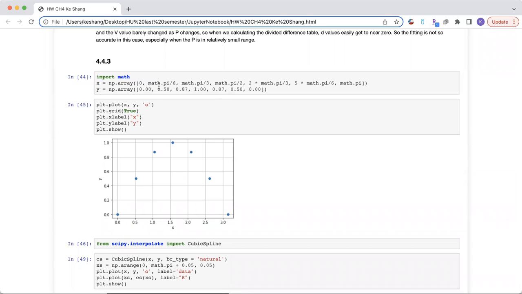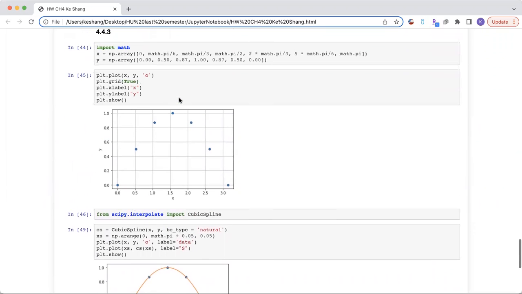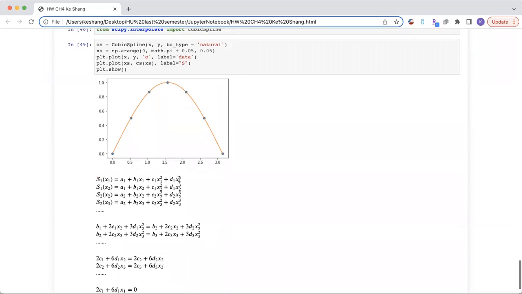So we put our data in a NumPy array and scatter the data in our graph. For this question, I used a module from SciPy to calculate our coefficients.